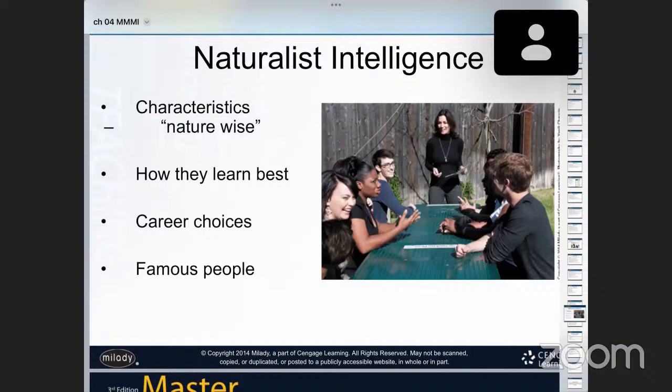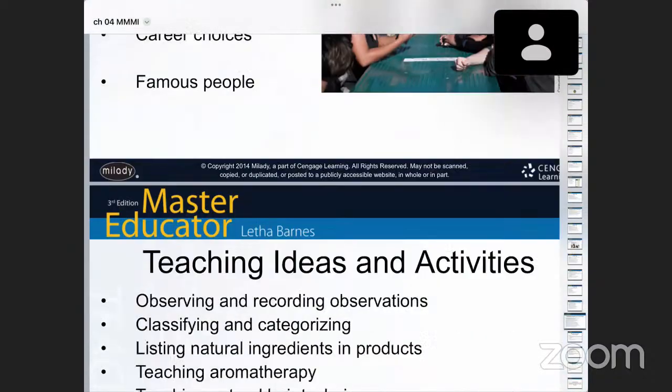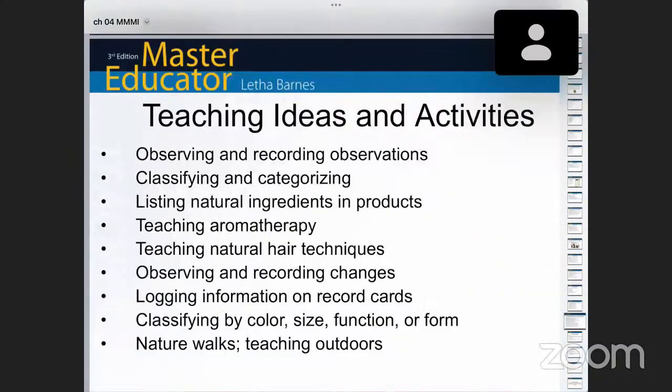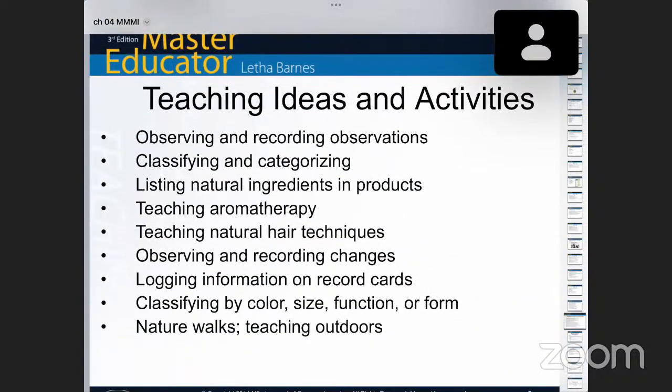Your naturalist intelligence, you see how they are outside and learning, observing and recording observations. They can take pictures, classifying and categorizing. And I would put groups outside as well, teaching natural hair techniques. They like to be closer to nature, with as few chemicals as possible. And we've seen these types.